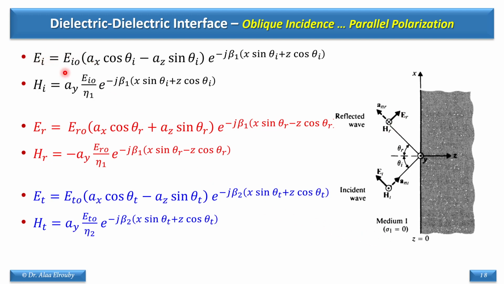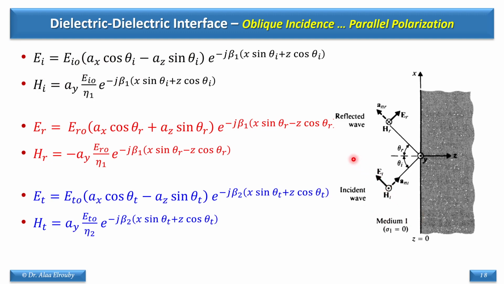So the electric field for media number 1 is propagating in this direction, which is positive x and positive z, same as before. So the complex term is the same as before, but this term is different here.